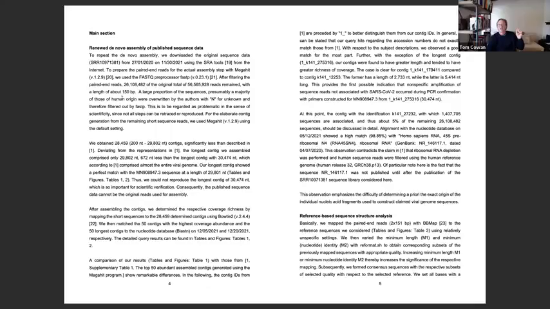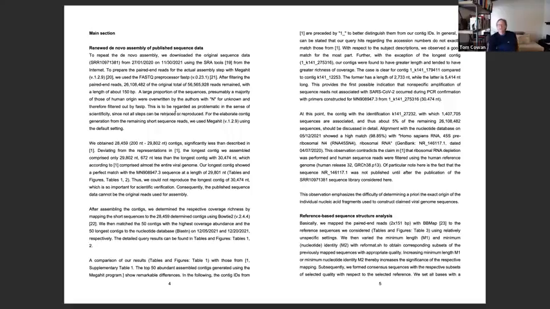So why did they throw those out? "A large portion of the sequences were overwritten by the authors with N for unknown and therefore filtered out by the programming software. This is to be regarded as problematic in the same sense of scientific whatever, since not all the steps can be reproduced or retraced."